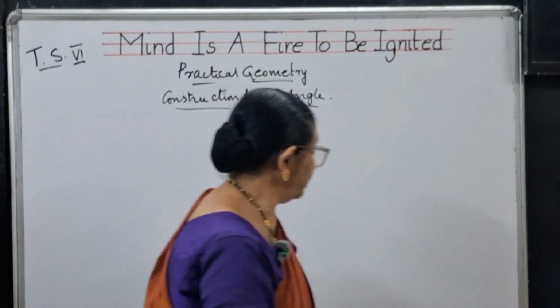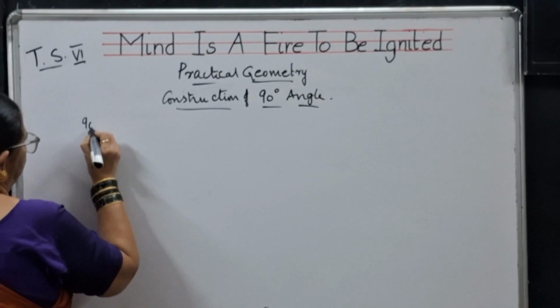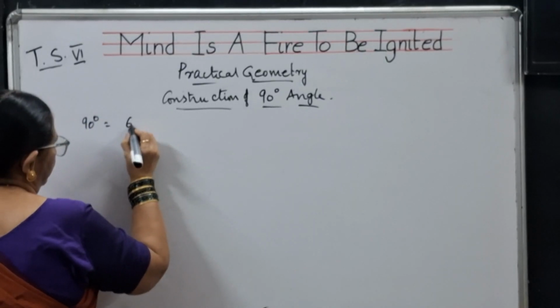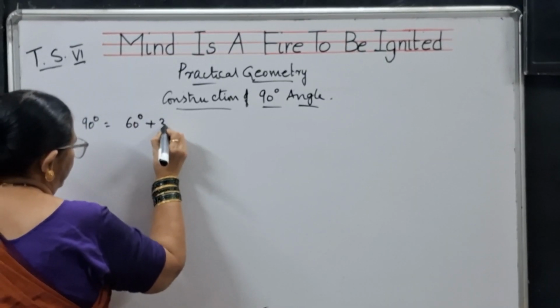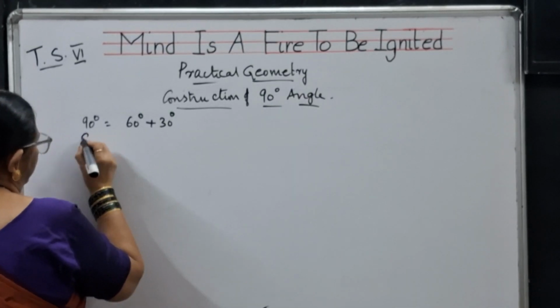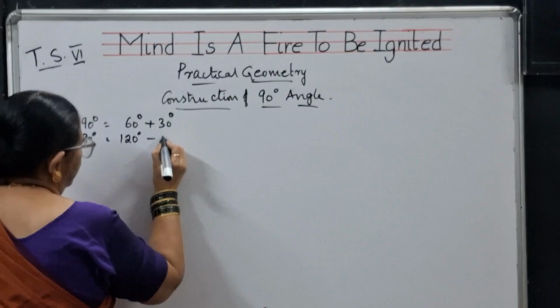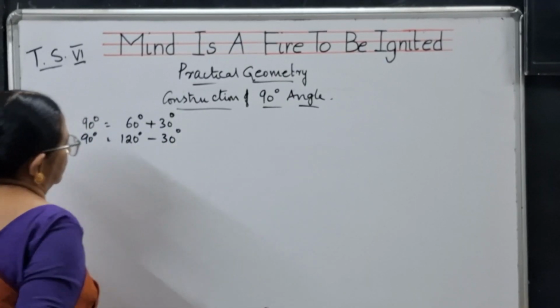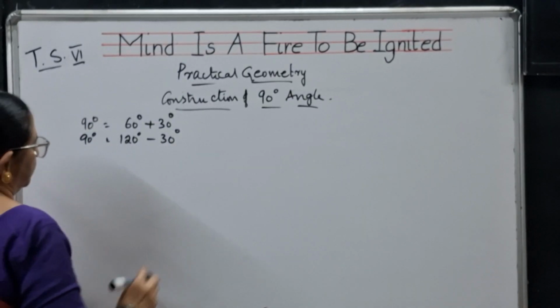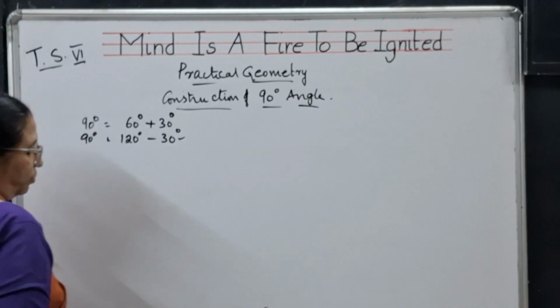Now the next one is construction of 90 degrees. How will you get 90 degrees, children? If you take 60 degrees and add 30 degrees, you'll be getting 90 degrees. Or 120 degrees minus 30 degrees is also 90 degrees. So we are going to do this.